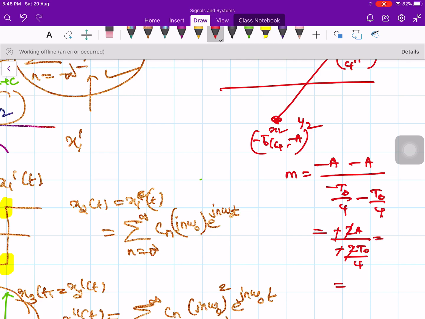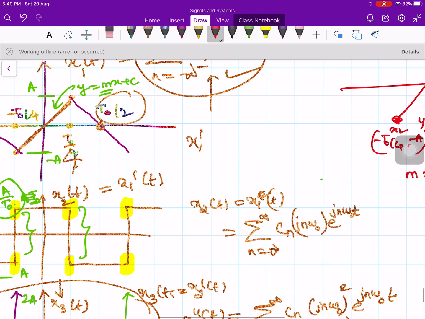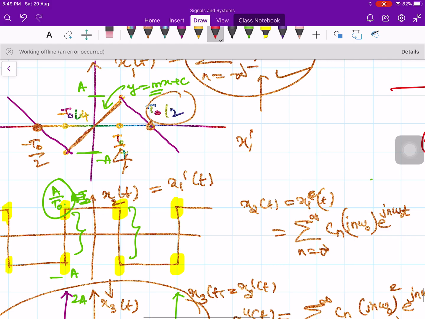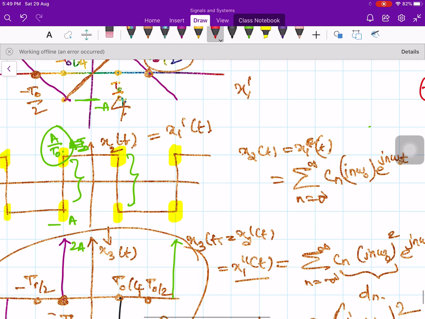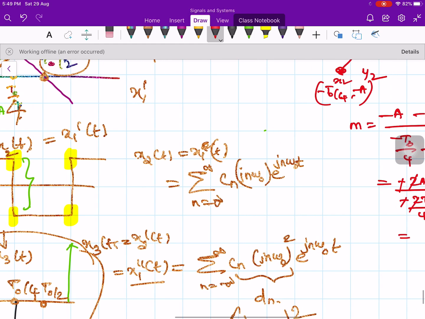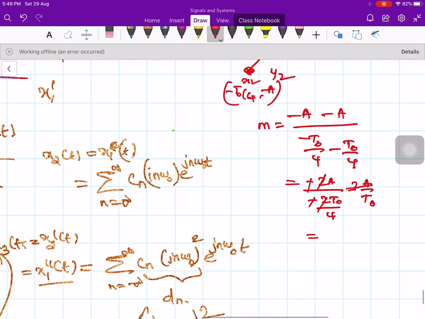This is a by t naught. 2a by t naught, right? Two a by t naught, 4a by... No, I am sorry. That is 4 times a by t naught. So the slope is 4a by t naught.